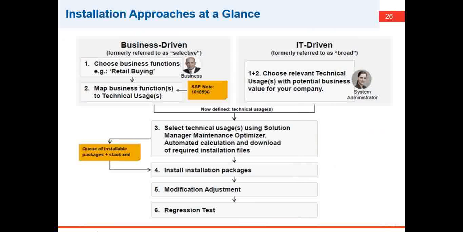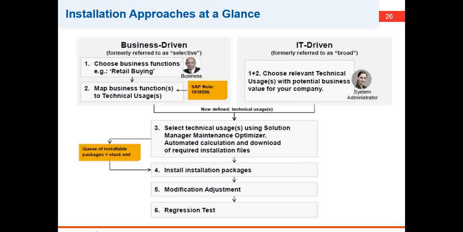For IT-driven, used to be known as broad, the business hasn't gotten involved yet. IT just knows that the business wants to implement new functionality within the coming 6 months or a year. So they implement technical usages that they feel will fit best. Central applications. If the company is running HCM, they'll install the HCM enhancements.